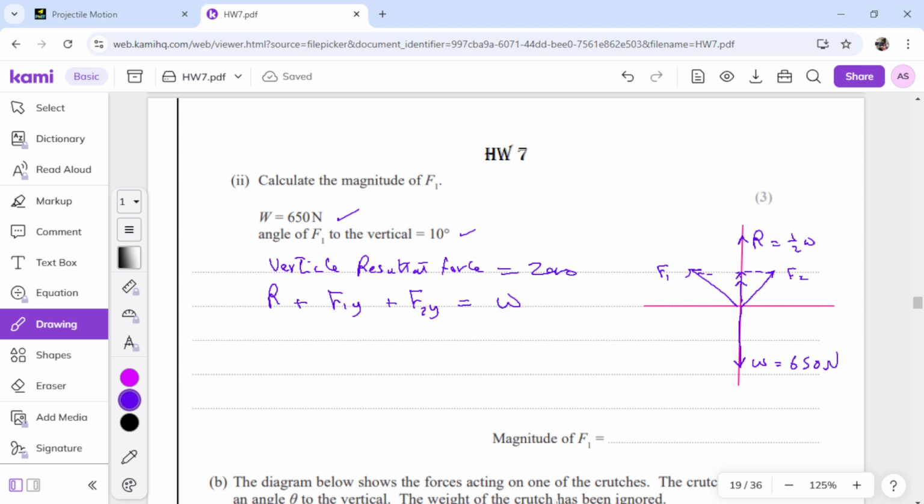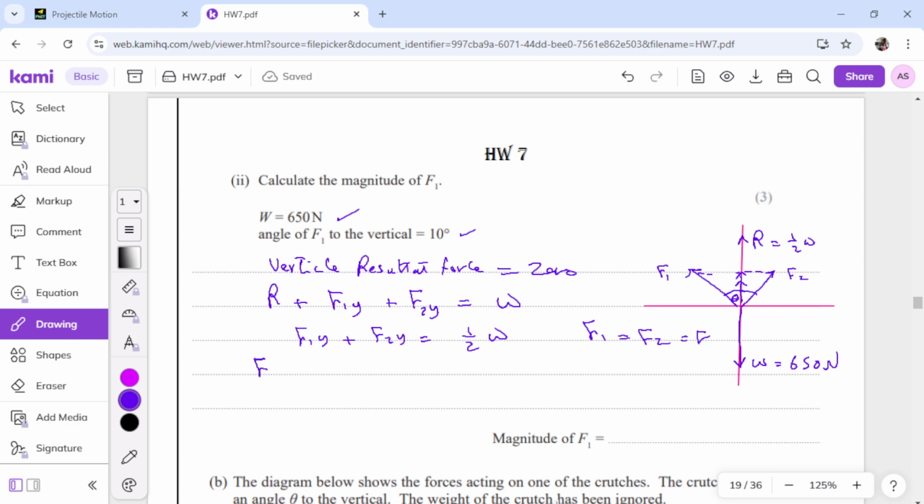Okay, and because we know R is half weight, F1y plus F2y equals half weight. What is F1y and F2y? Because the angle with y is theta, and because F1 equals F2 from the last part, we can write it as F.